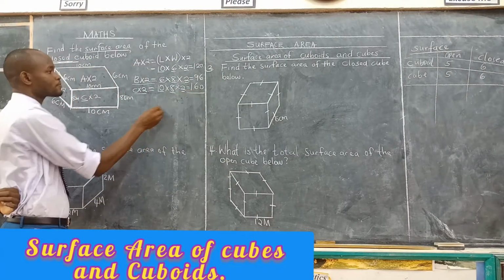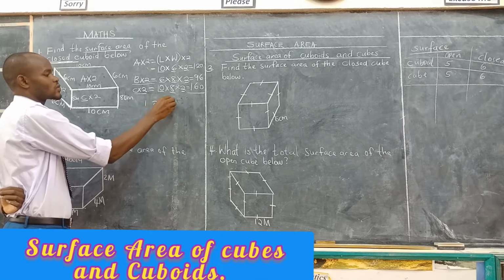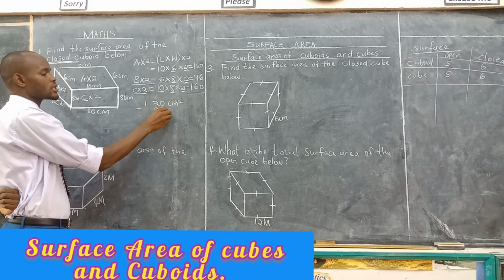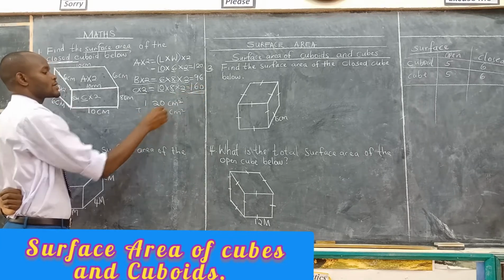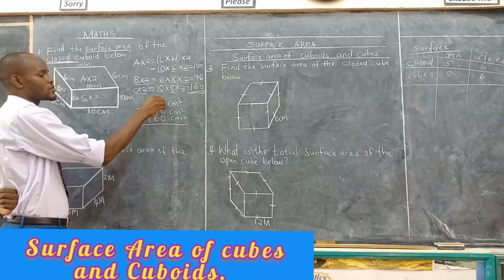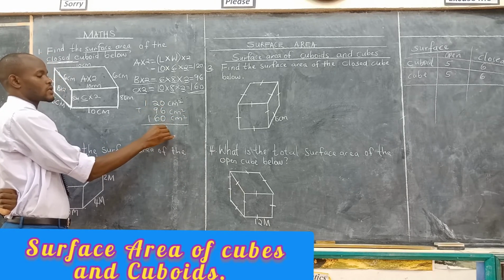Let us do that. We have 120 centimeters squared plus 96 centimeters squared plus 160 centimeters squared. 0 plus 6 plus 0, you have 6.